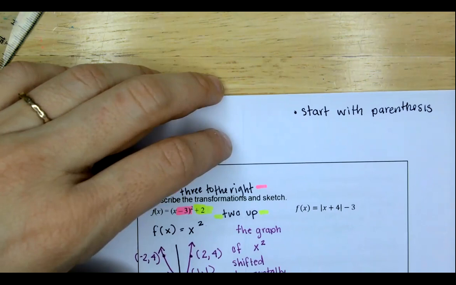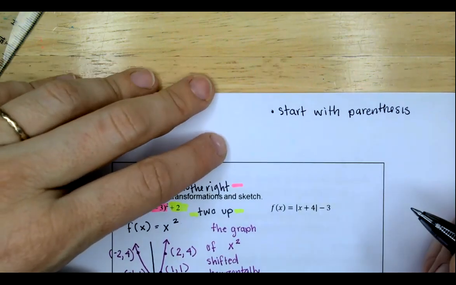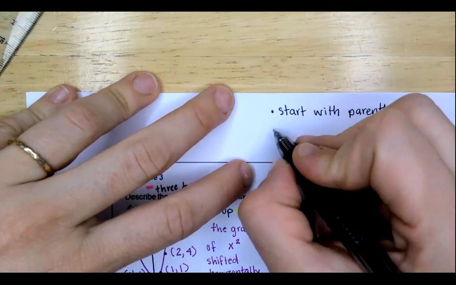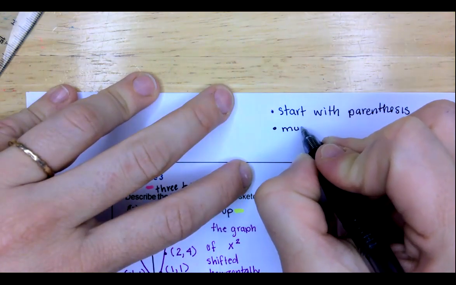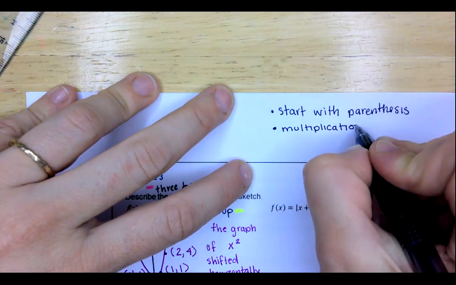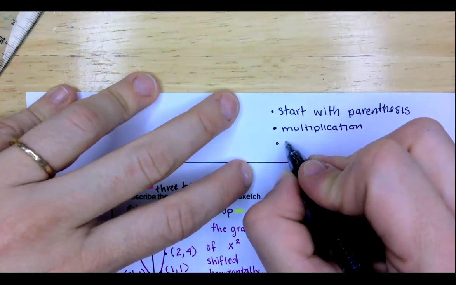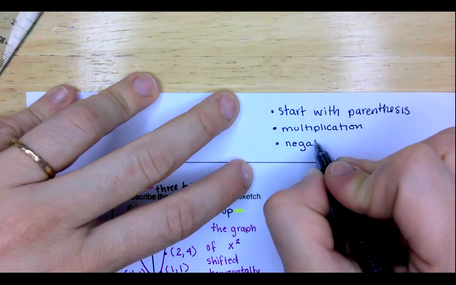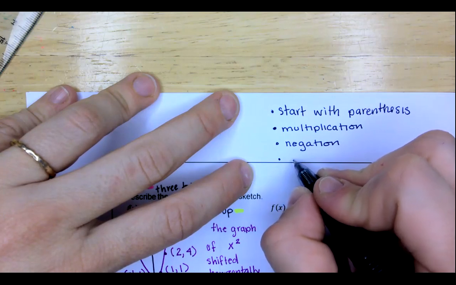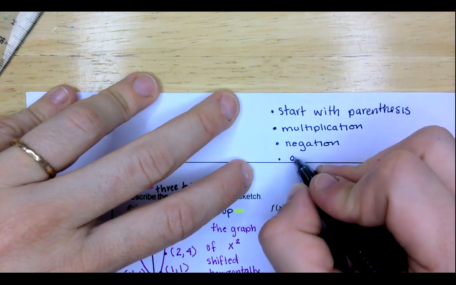Horizontal shifts, okay? Then do the multiplication. Then do negation. And then do addition, subtraction.